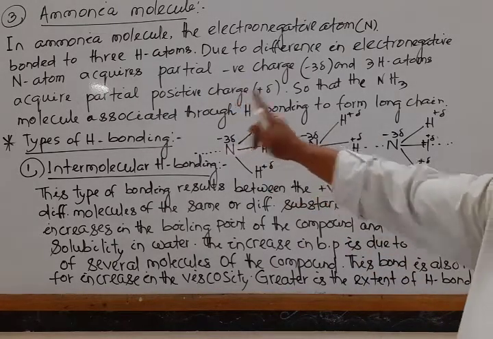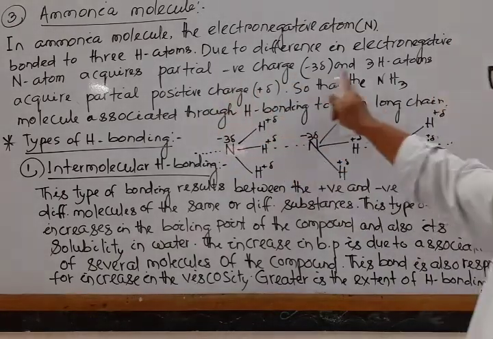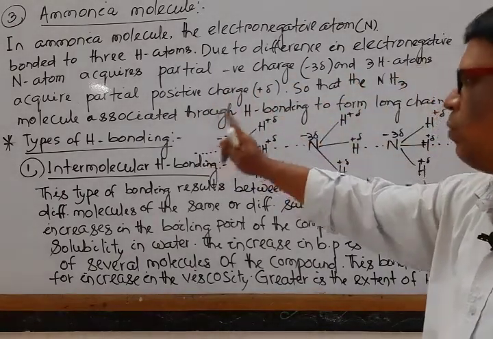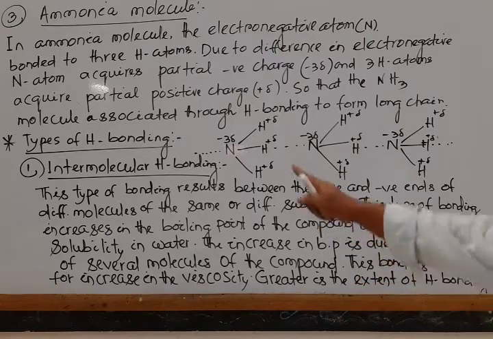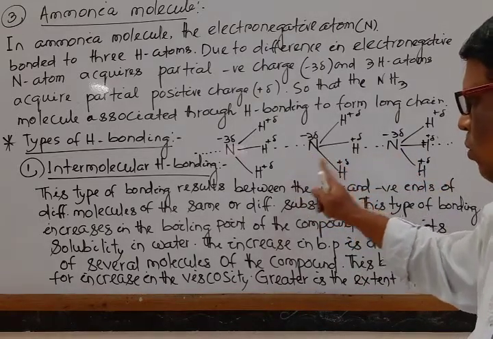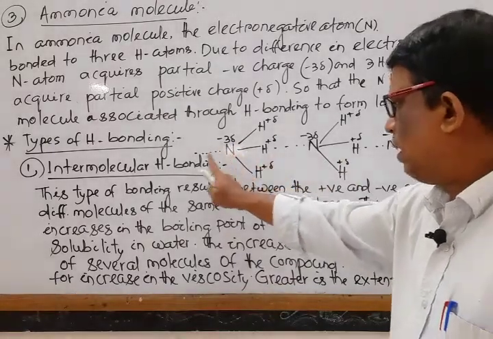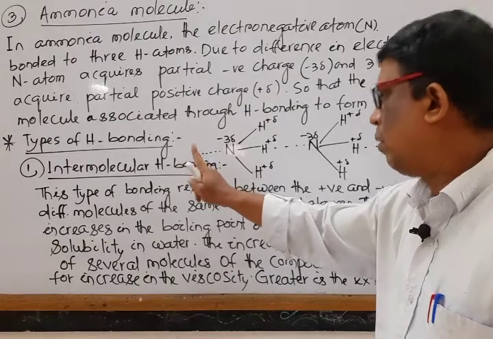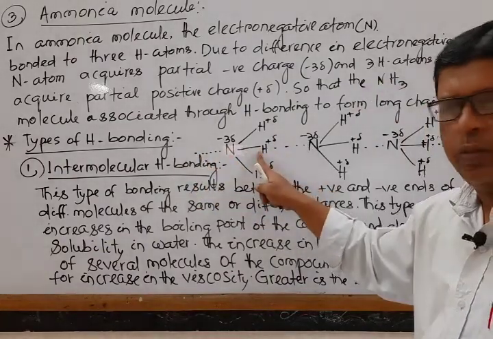So the ammonia molecules are associated through hydrogen bonding and form a long chain. This is the structure of the ammonia molecule. Here, the nitrogen atom is bonded to hydrogen by a hydrogen bond on one side, while on the other side by a covalent bond.